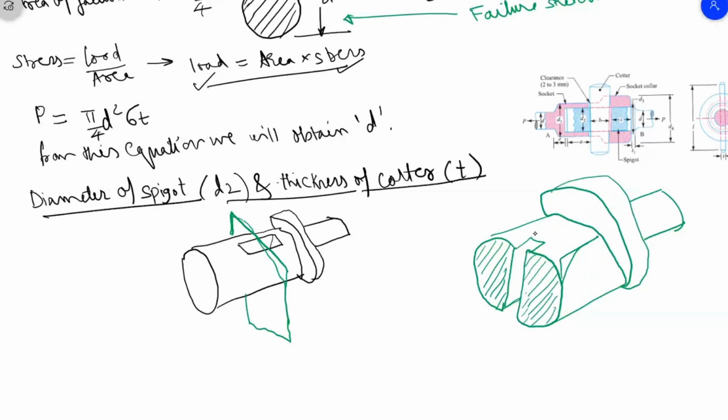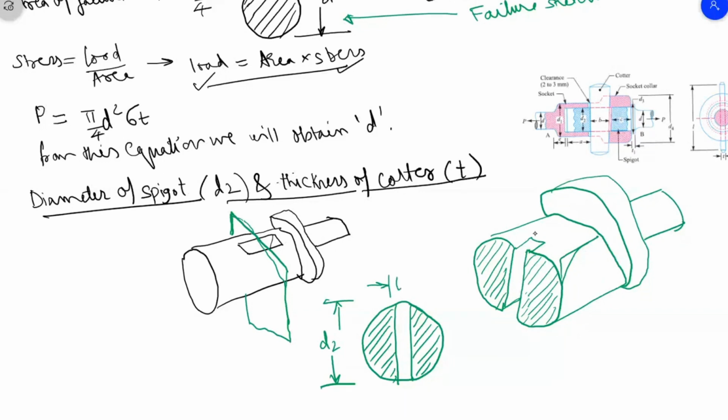And if I draw it in 2D view, I will draw it something like this. This is one line, this is another line, and it has failed from here, as well as here. And what is this dimension? This is d2. What is this dimension? This is t.